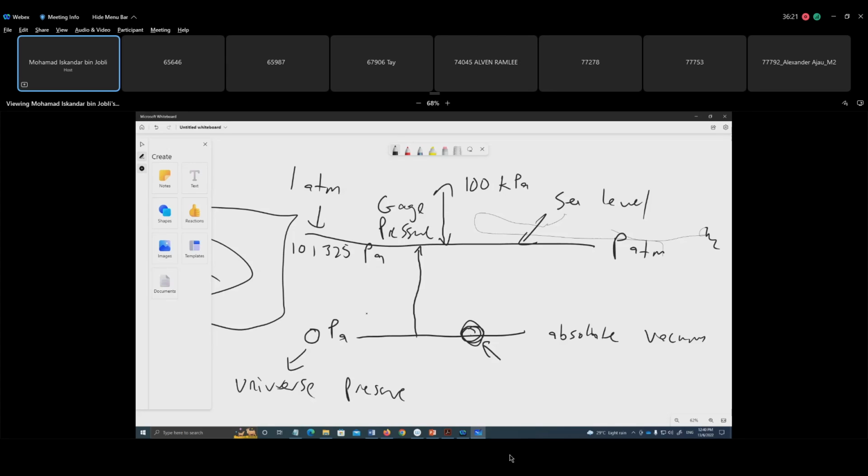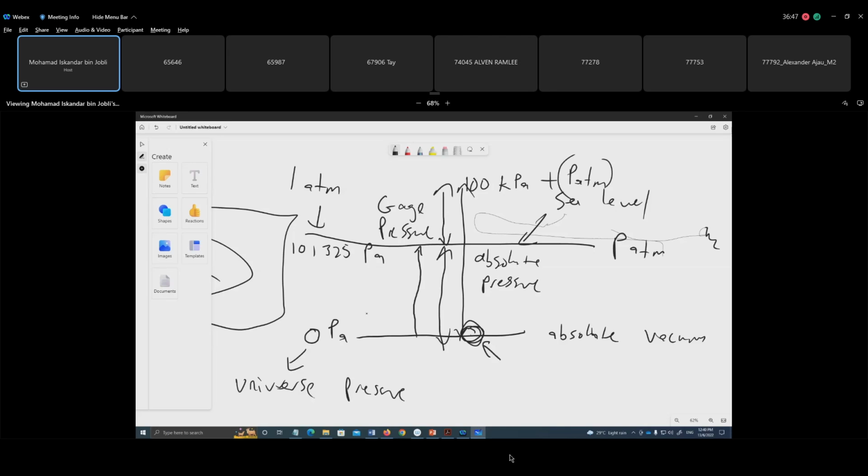The real pressure is actually 100 kPa plus PATM. This is the real pressure. If you were to calculate the real pressure, you have to measure from down here. The pressure from the bottom until the top is what we call absolute pressure.